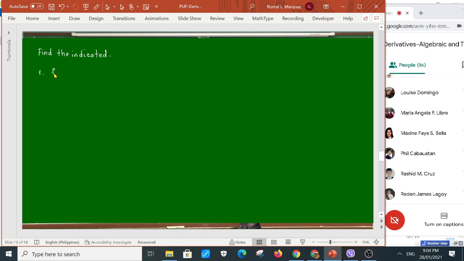Find the indicated derivative. Let's say I have f of x is equal to cotangent 6, may secant na rin I think, secant of 4x squared.